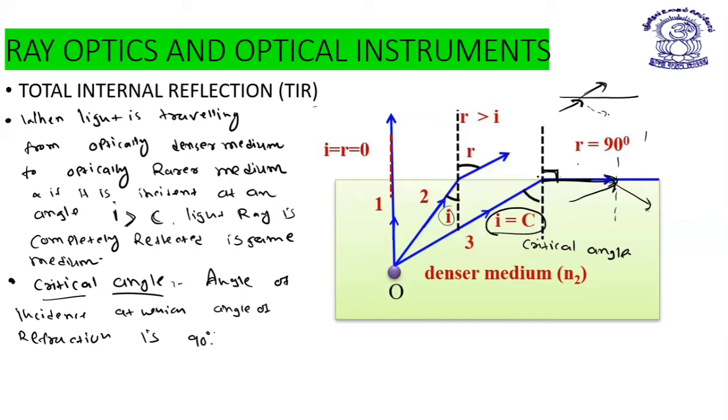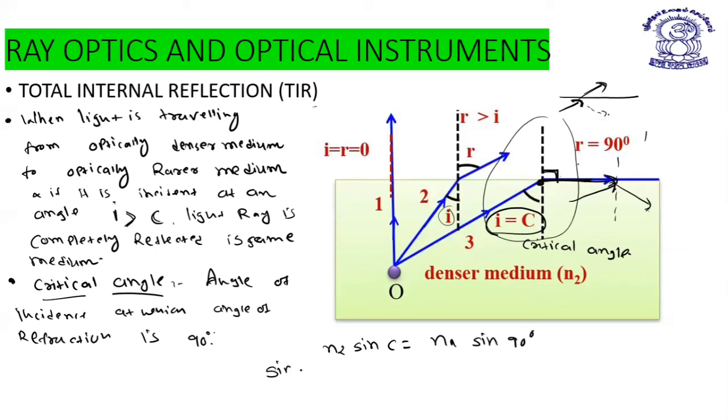Now, if we want to find the critical angle, then we can apply Snell's law in third situation. So, n2 sin C is equal to n1 sin 90.